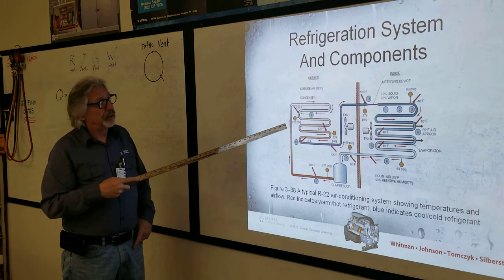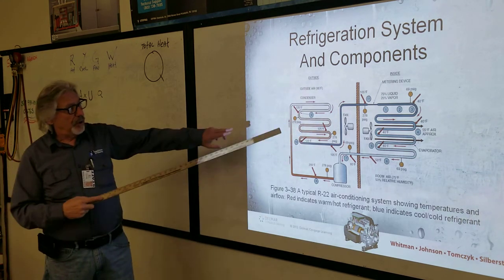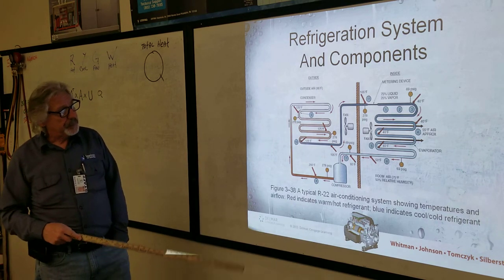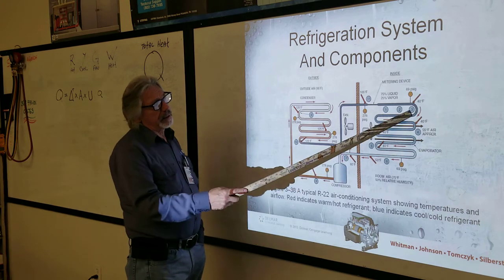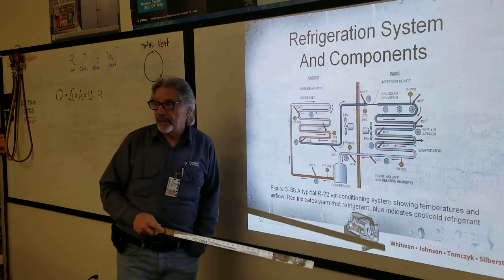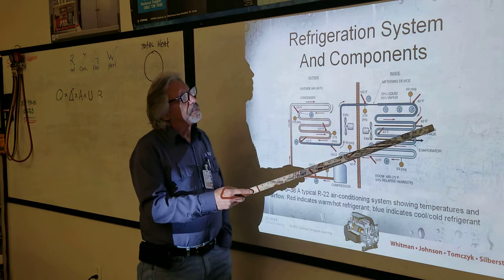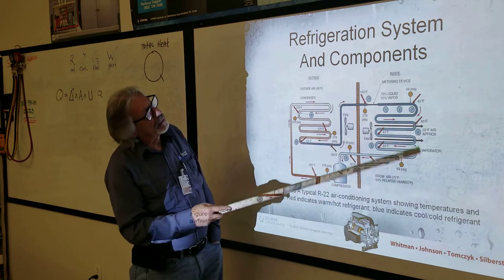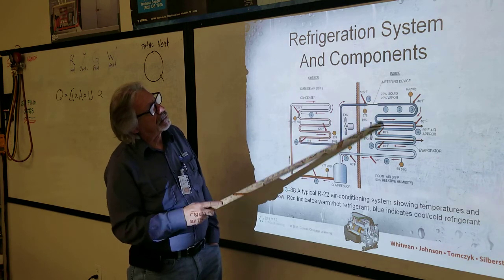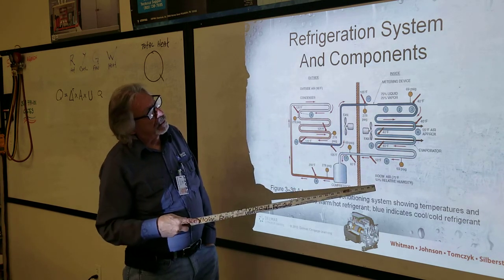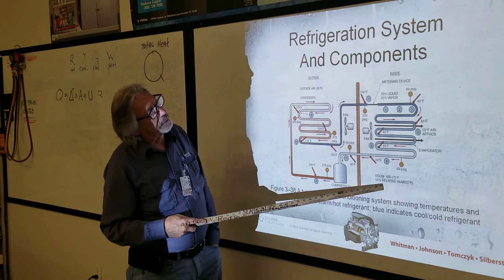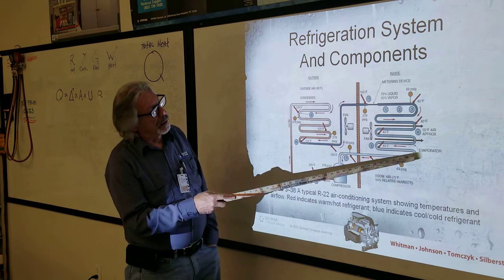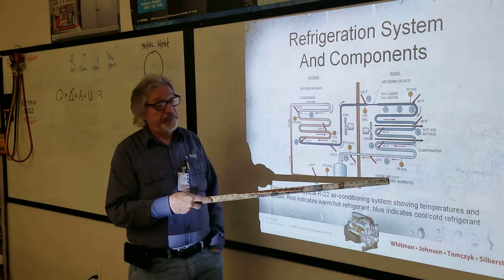So the heat is going to travel naturally from the 125 degree coil to the outdoor ambient temperature. The same way, it's going to absorb heat from the inside, because you have an inside room air temperature of 75.